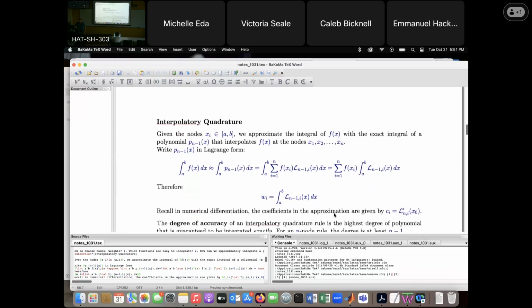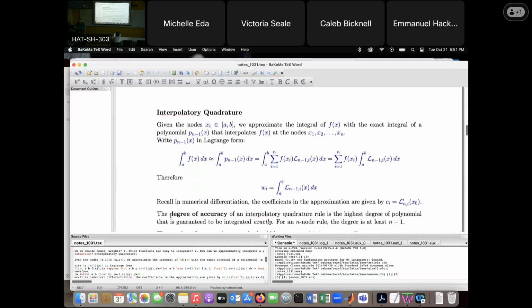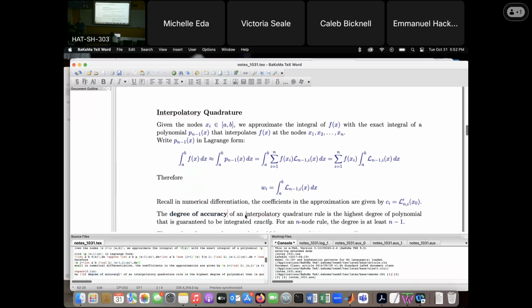One important piece of terminology here: the degree of accuracy. When we're dealing with interpolatory quadrature rules, the degree of accuracy is the highest degree of polynomial that will be integrated exactly by your quadrature rule.